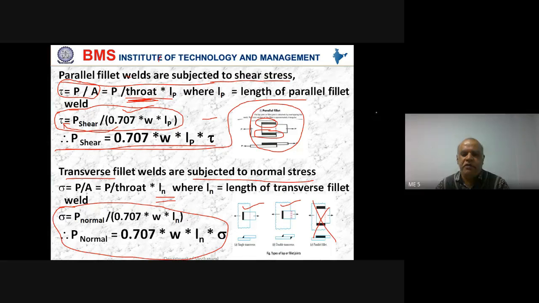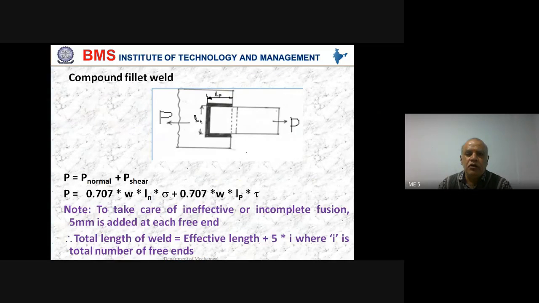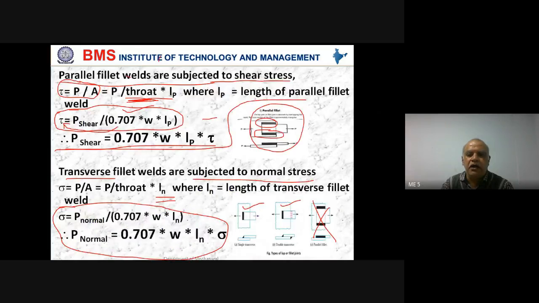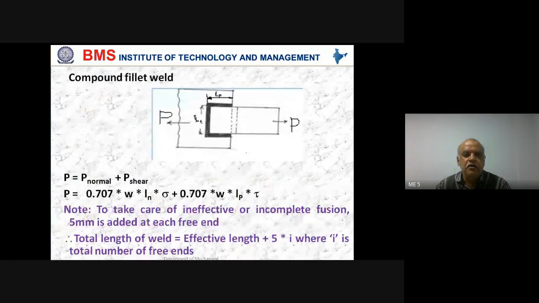Now, as I said, when you combine parallel fillet weld and transverse fillet weld, what you are going to get is what is called compound fillet weld. So this will give you parallel fillet weld LP. This is transverse fillet weld length LT. I'll put it as LN because we have taken LN.